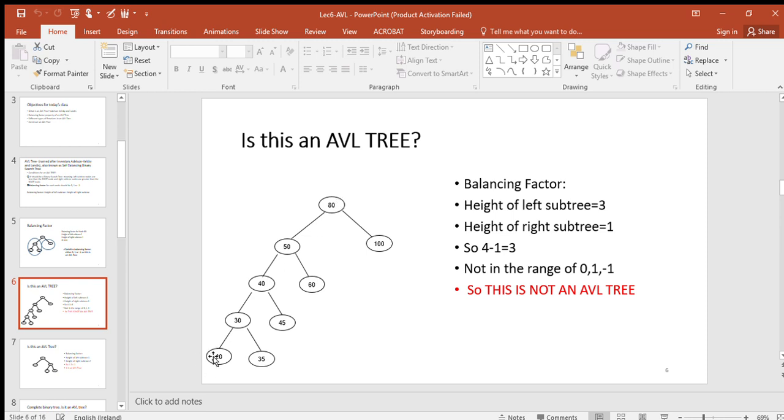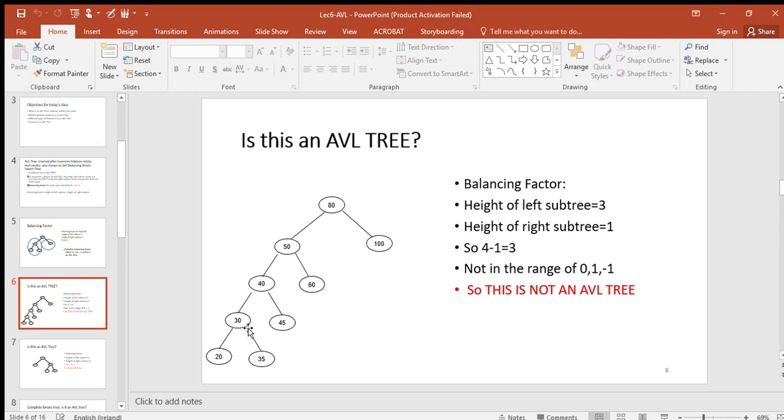For 20 it is 0, for 100 it is 0 because it's a leaf node. For 30 the balancing factor is 1 minus 1, so left hand side minus right hand side, which is 0. For 40 it is 2 minus 1, which is 1. For 50 it is 3 minus 1, which is 2, so it is not in the range. Same for 80, it is 4 minus 1, which is 3.